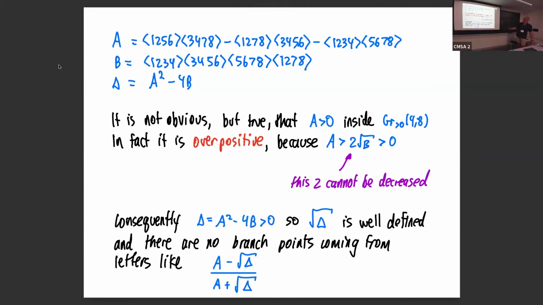So anyway, consequently, the quantity A squared minus 4B, which is what I've been calling delta, is positive inside the positive Grassmannian, so that you never run into any branch cuts of this square root. So it's all a consistent story that's falling together in our lap here. We have these things that are not cluster variables.